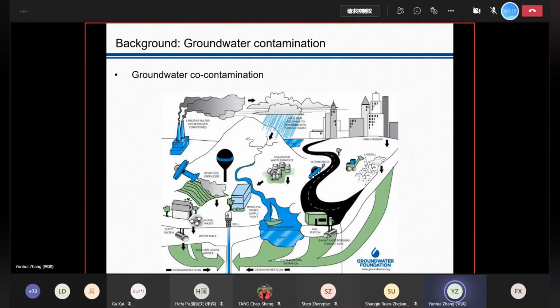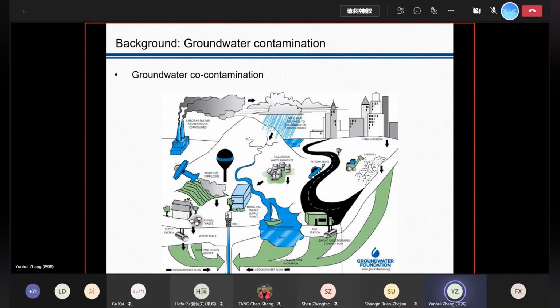Groundwater contamination has become a grave matter of concern due to increasing industry activities, mining, smelting, etc. In addition, co-contamination of groundwater is common and always occurs with both organic and inorganic contaminants, which is very complex for groundwater remediation.